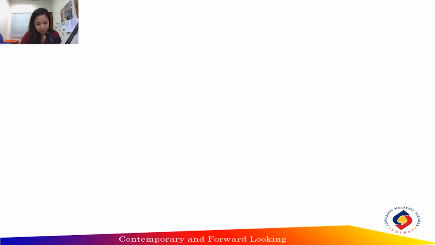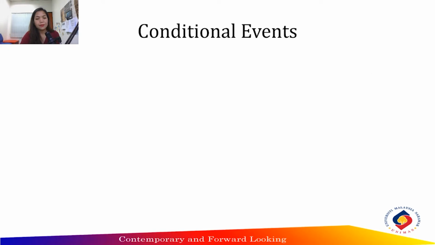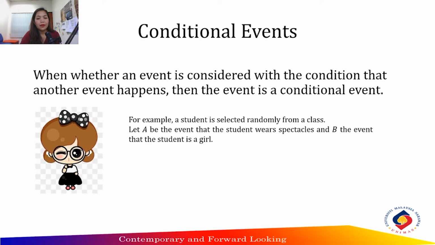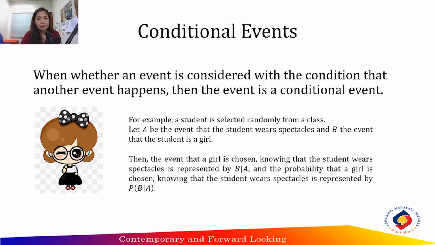Let's discuss conditional events. When an event is considered with the condition that another event happens, then the event is a conditional event. For example, a student is selected randomly from a class. Let A be the event that the student wears spectacles, and B the event that the student is a girl.